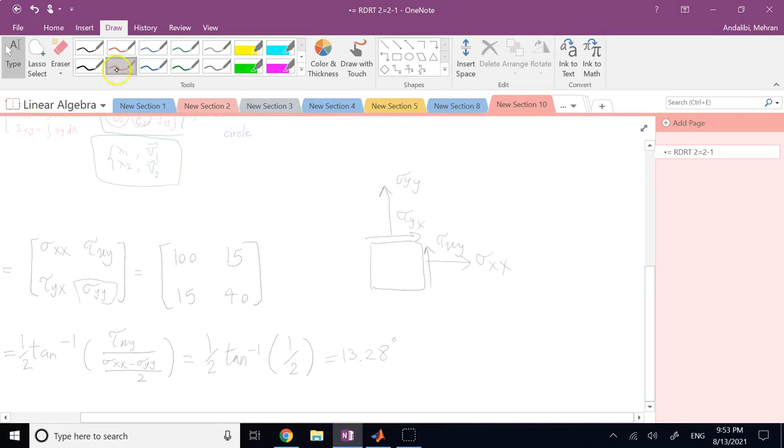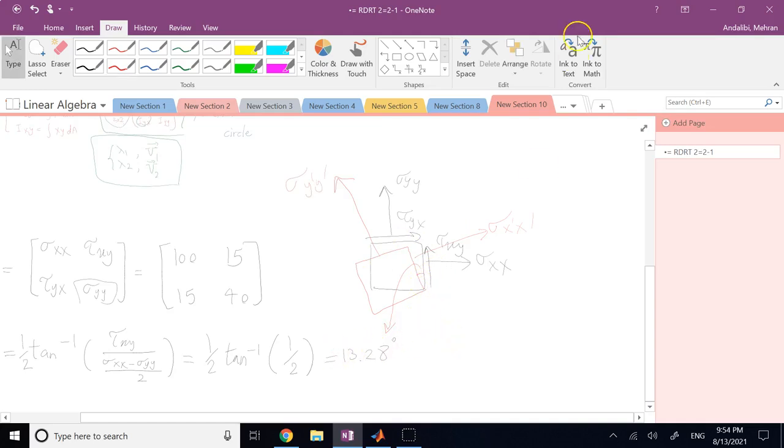If I rotate this element by 13 degrees, then on this new rotated version, I should only have sigma x prime and sigma y prime, and the tau on each one of these planes should be 0, right? So that angle is called theta p.